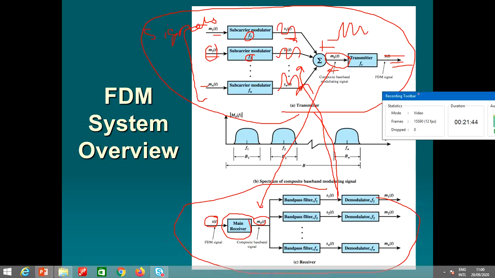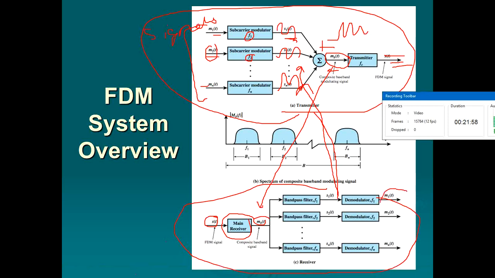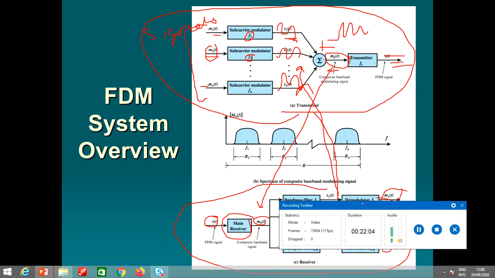They have the bandwidth Bi, in the range of 1 to n. So in this way the signal is again split up into component parts, and each component is then demodulated to recover the original signal. So this is how demultiplexing happens at the receiving side.